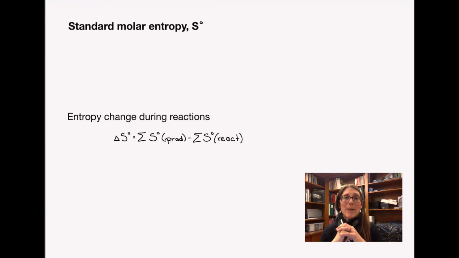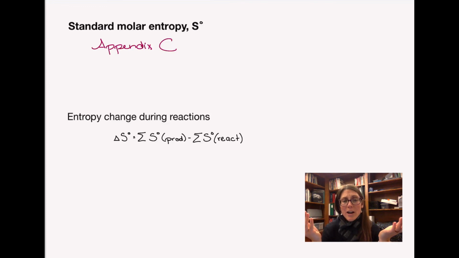And these values are tabulated. There is an appendix in your textbook. It is Appendix C, and it has values for delta H, which you've actually used before, for delta S, and for something called delta G that we'll meet shortly. There are values that have been measured for a whole host of different elements and compounds. So use Appendix C to find your standard molar entropy values.